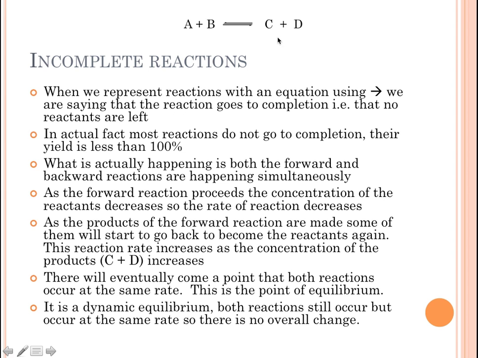These concentrations, on the other hand, increase, and as their concentrations increase, then so does the rate of reaction. And at some point there's going to be this magical point where the rate of the forward reaction and the rate of the backward reaction are the same. And that's the point that we call equilibrium.